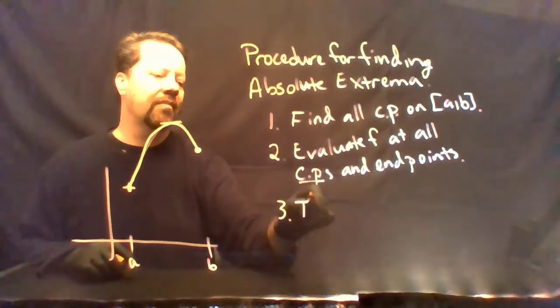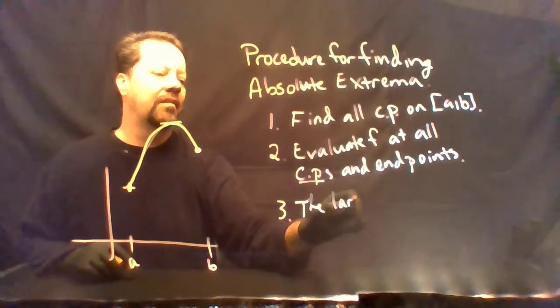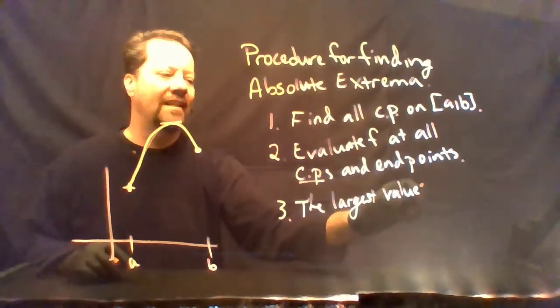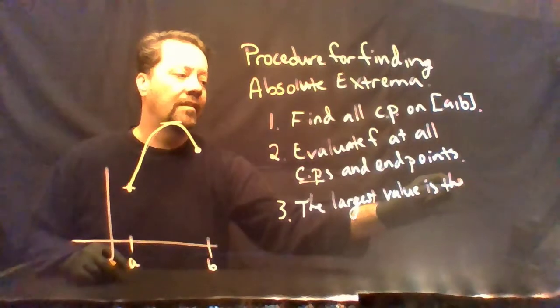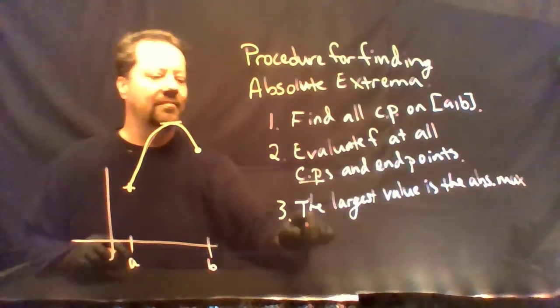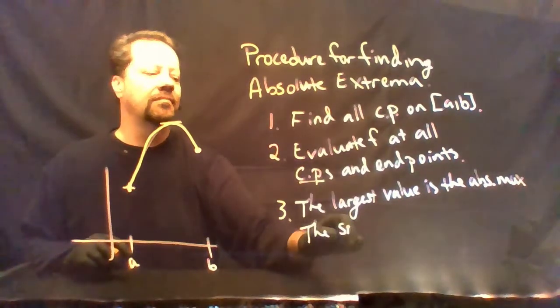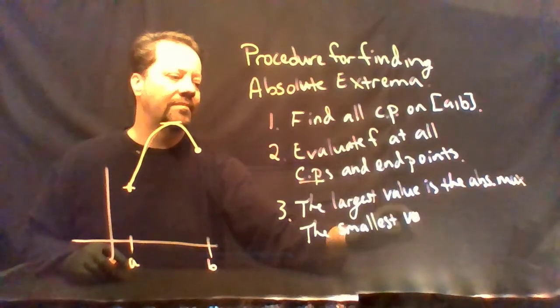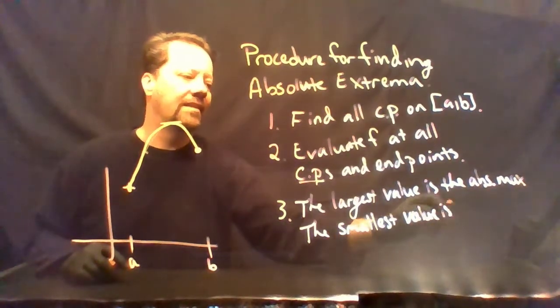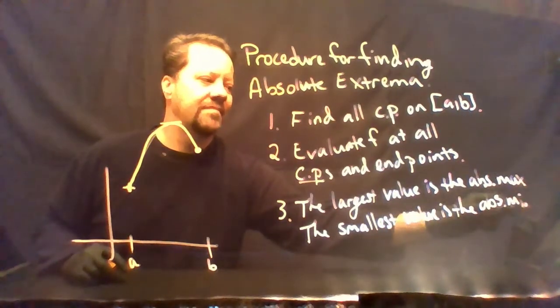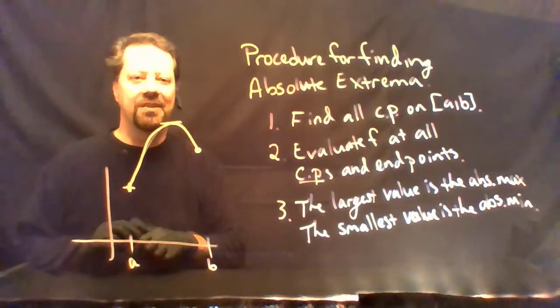Three, the largest value obtained is the absolute max. The smallest value obtained is the absolute min. It's a very simple procedure.